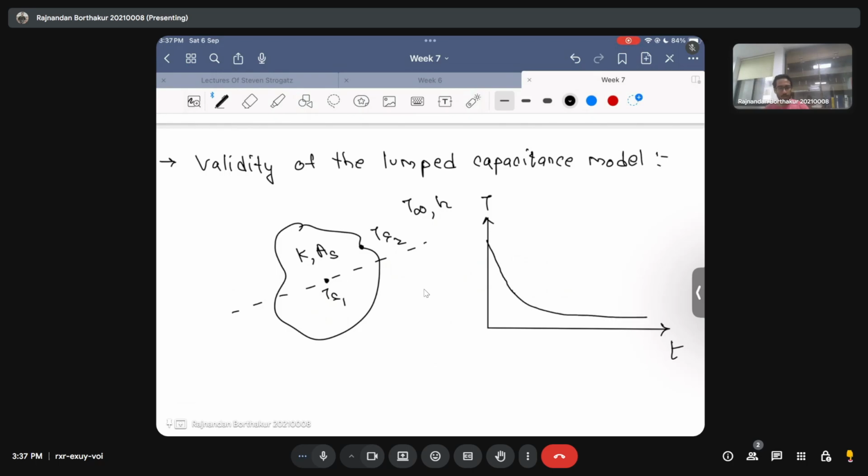It has to be, okay, because it will try to equilibrate with respect to its surrounding. So this is the transient phase, where your temperature is actually varying with time. And beyond this transient phase is the steady state.